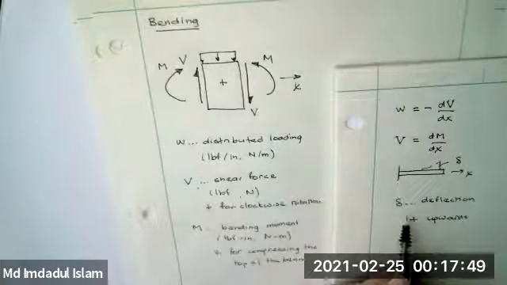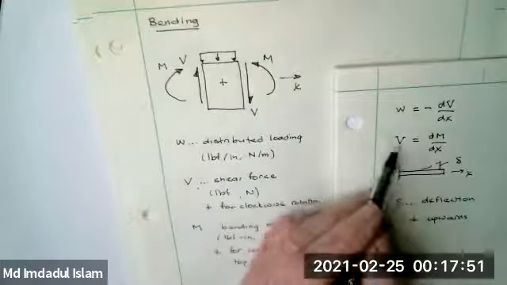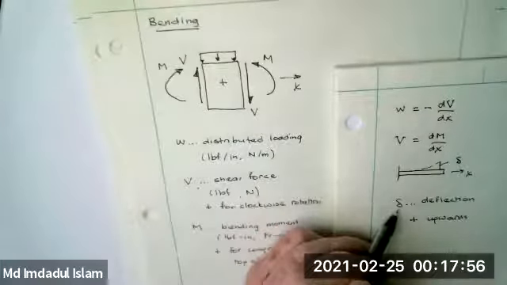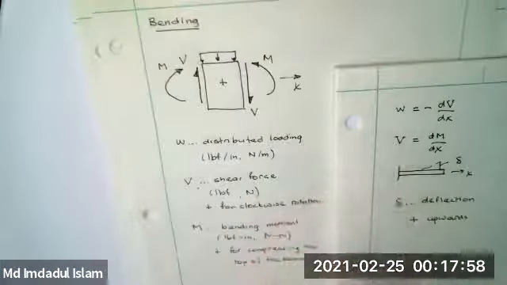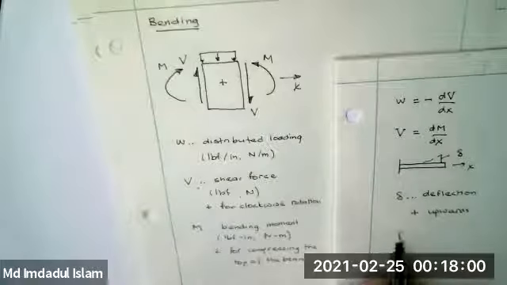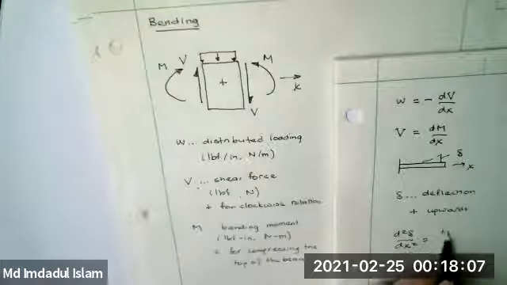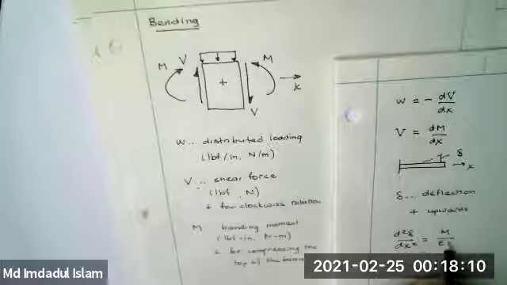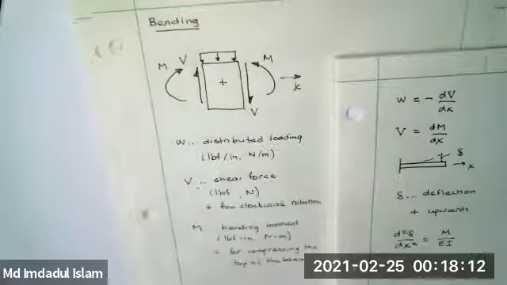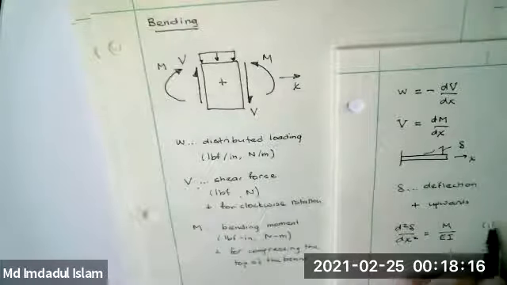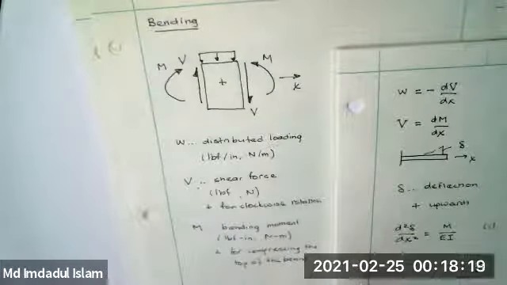Some people use lowercase v for the deflection. Because I'm going to use uppercase V for the shear force, I don't want you trying to distinguish between my lowercase handwritten v and this uppercase V, so we use delta. So the second derivative of delta is related to the bending moment M divided by EI. EI is the bending stiffness.